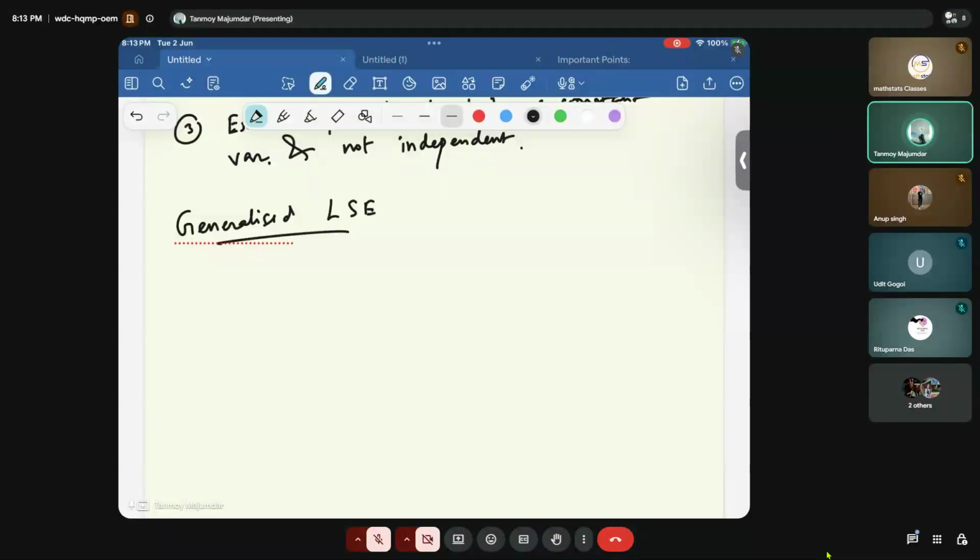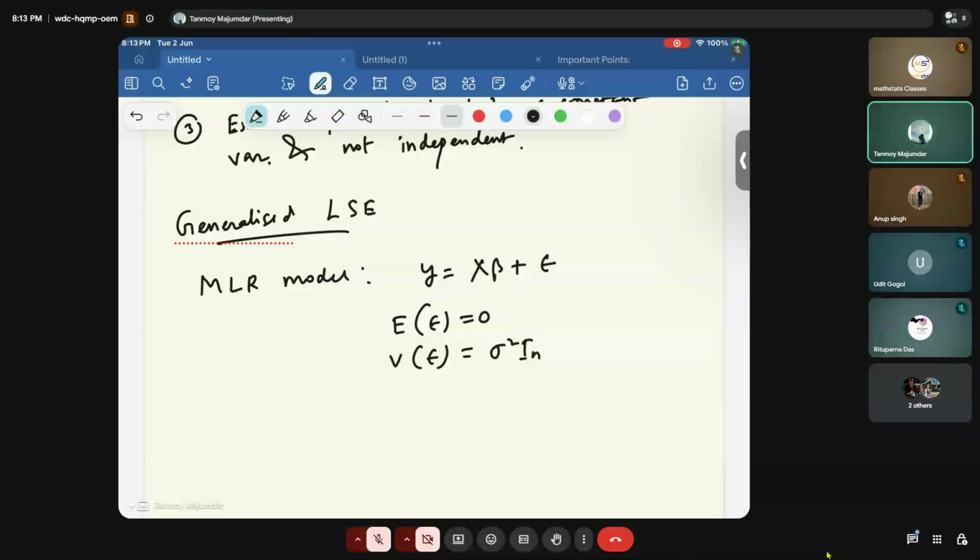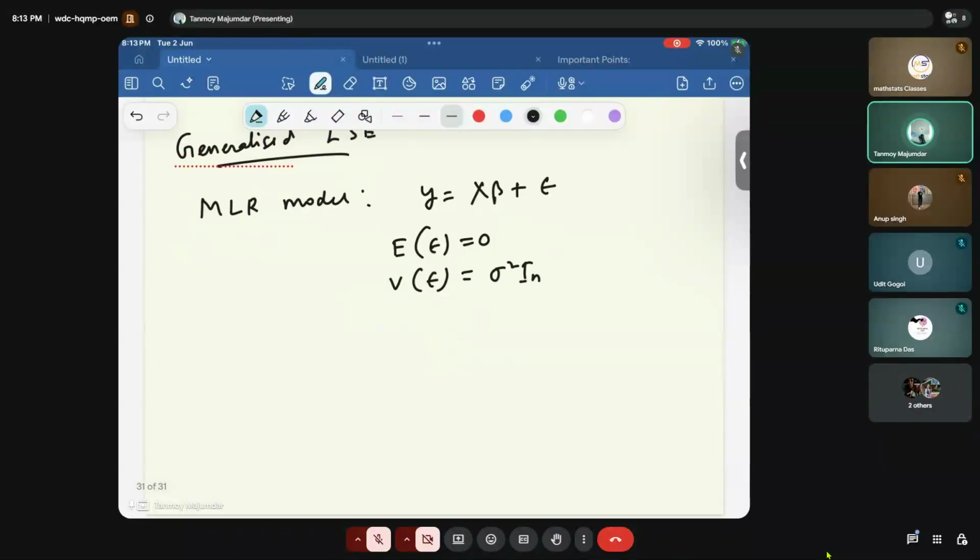So suppose we have a multiple linear regression model, that is y equals X beta plus epsilon, where the expectation of epsilon is 0 and the variance of epsilon is sigma square I n. We did this earlier. So what is our assumption?